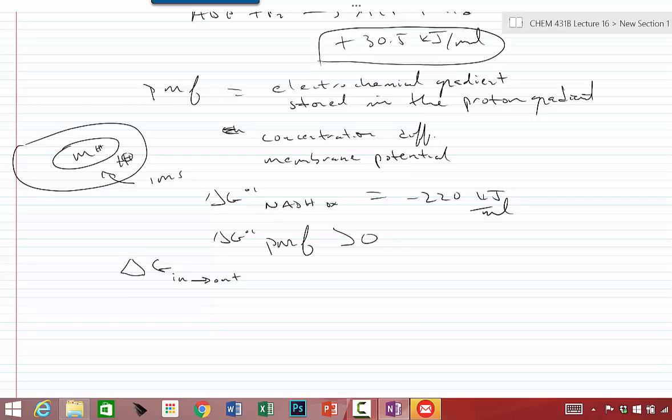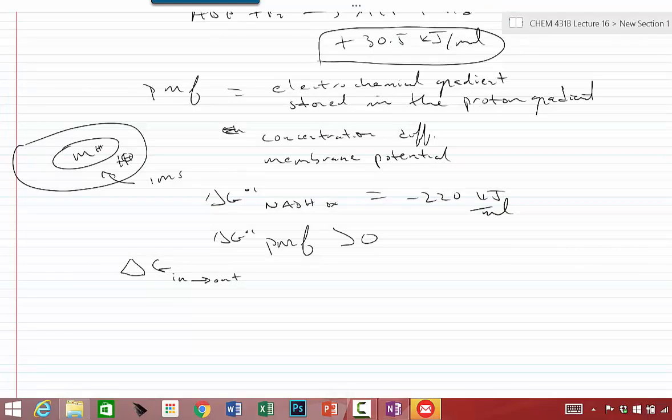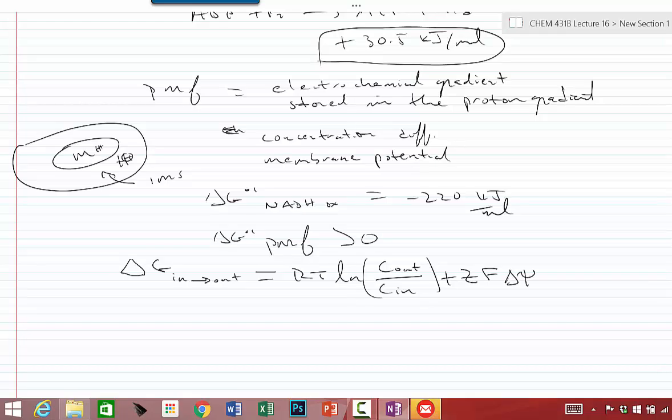And that's going to be equal to RT natural log of the concentration on the outside divided by the concentration on the inside, plus Z, Faraday's constant, and then this thing called the membrane potential going from in to out.